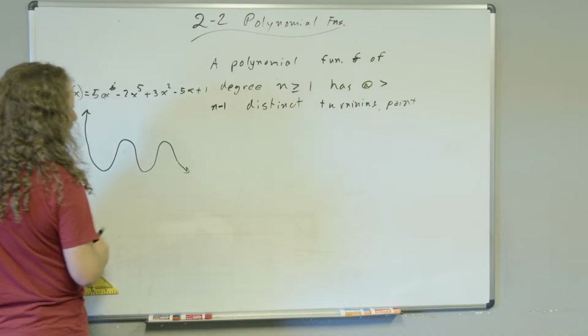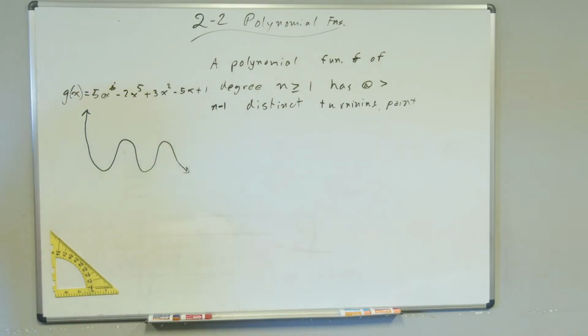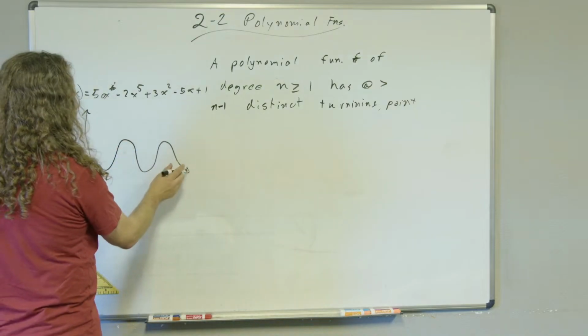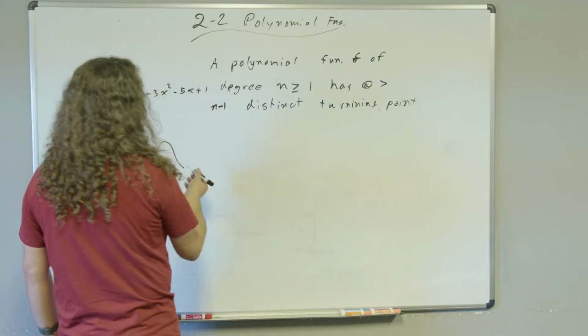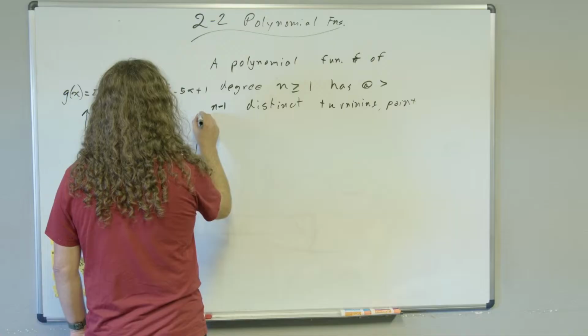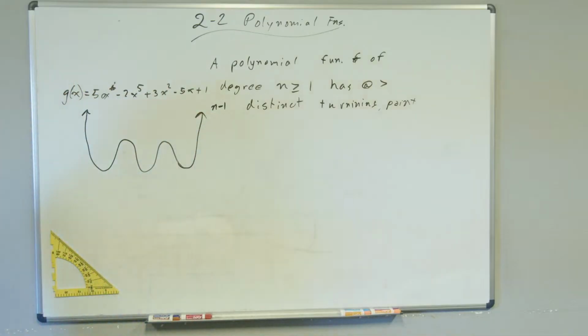Oh, that's not what it's going to look like. I should have 1, 2, 3, 4, 5. So it could look something like that. Go ahead and put that in the calculator now and see what it looks like.